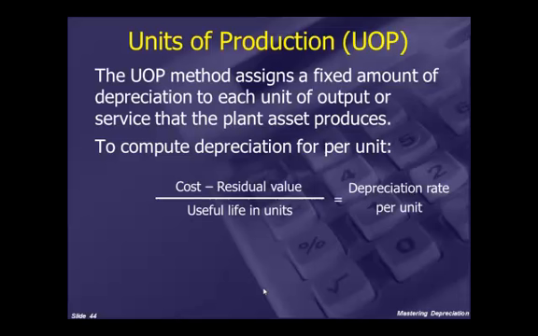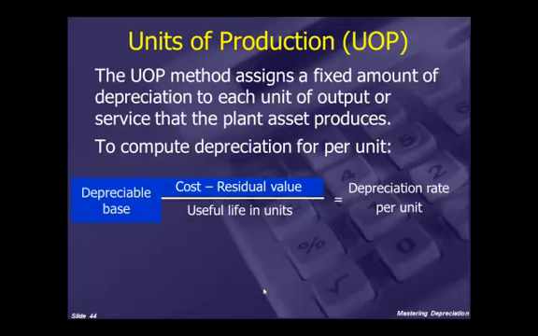However, the difference here is the estimated useful life is in units, say in items produced or in miles driven. It's an estimated useful life in units rather than in years. So we get a depreciation rate per unit, where we'll get dollars and cents per unit produced or per mile driven.